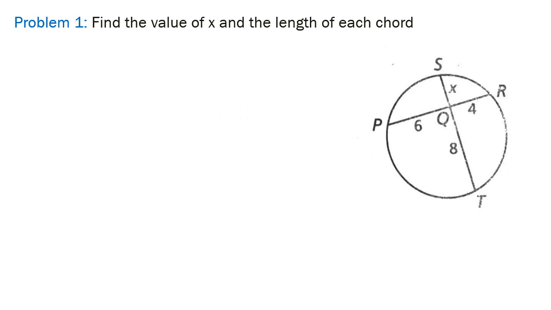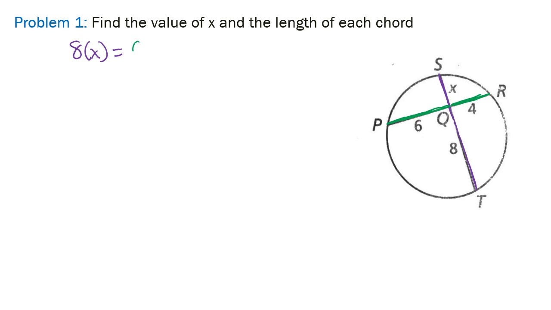So problem 1, find the value of x and the length of each chord. Given our picture, we are going to apply that theorem where SQ times QT will equal PQ times QR.